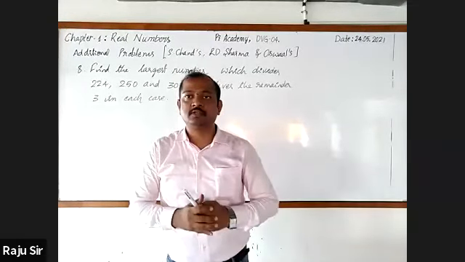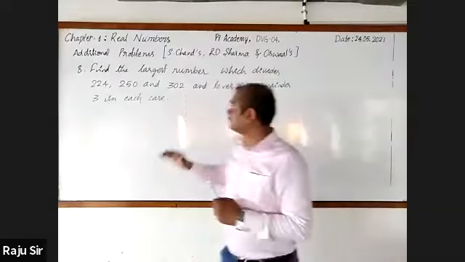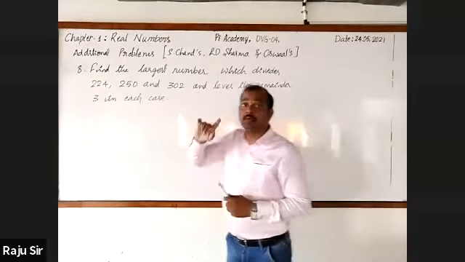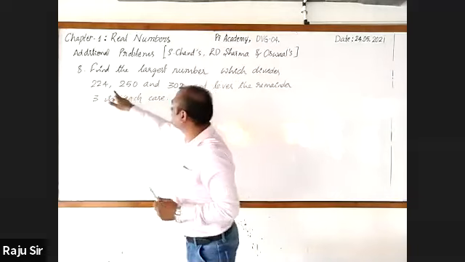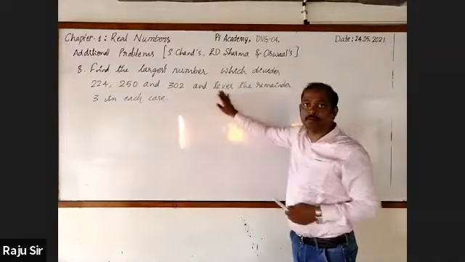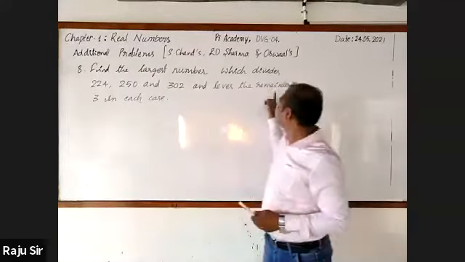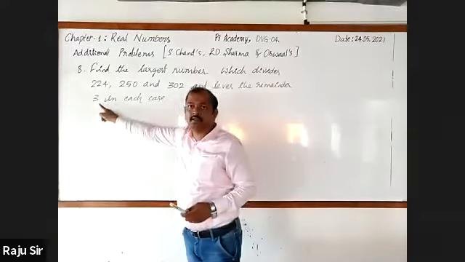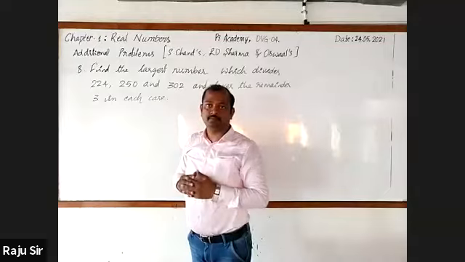Because your attention should be here. But one thing is, it has been given one more condition that on dividing, in each case, 3 will remain as remainder. Subtract 3 from each number, sir.